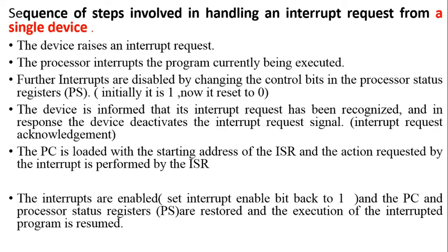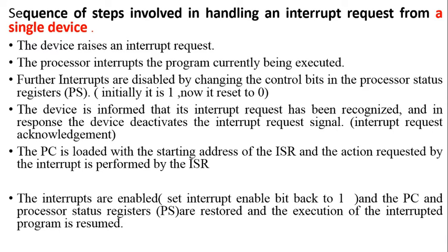After completing the interrupt service routine execution, the processor restores the program counter value and processor status register value from the stack, and sets the interrupt enable bit value back to 1. This indicates that the processor is now ready to accept new interrupt requests from various devices.